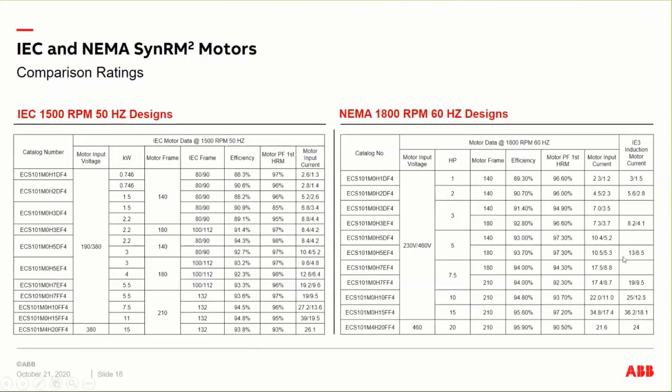So, for example, we're running a 5 horsepower on a 3 horsepower power converter because the power converter has 12 amps. So it just depends on where you fall on this scale, but in a lot of cases, you can actually go down a size in the drive because of the lower current draws in the motor. So that's one of the things I wanted to highlight.